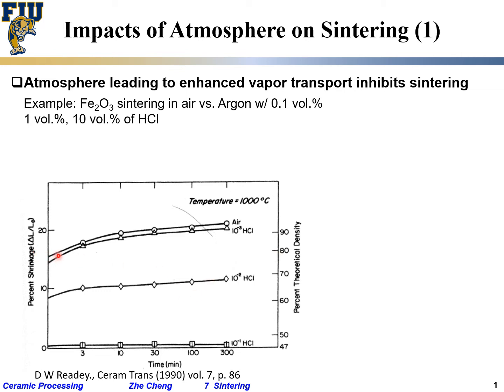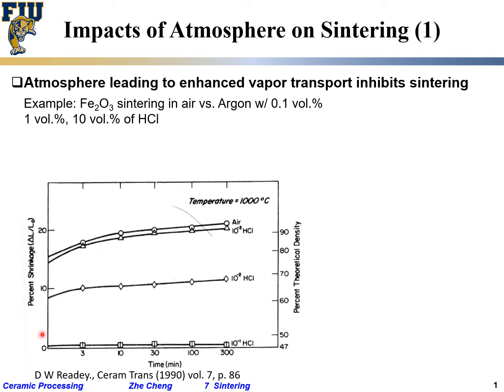And then when you hold it, the density continues to increase to about 90, 95 if you do it in air. But then people find if they are doing this in argon, but with higher and higher concentration of this acidic gas, right?